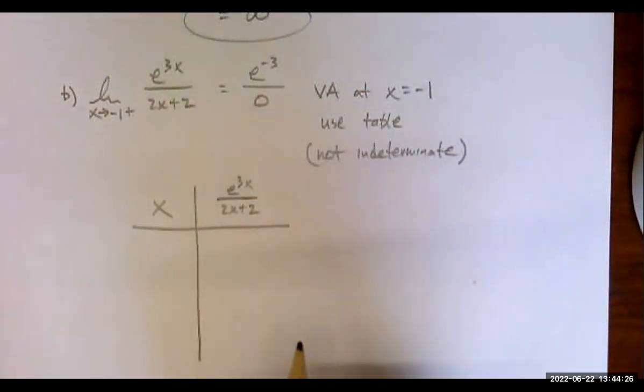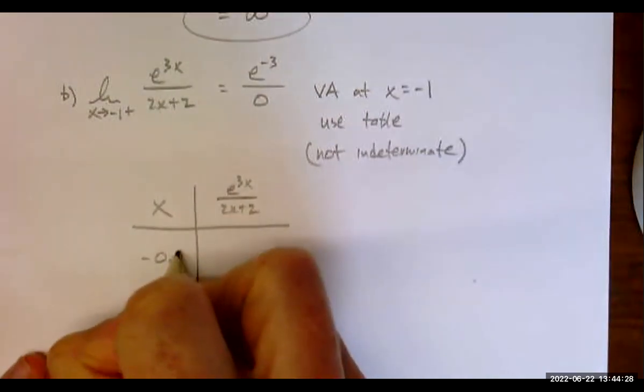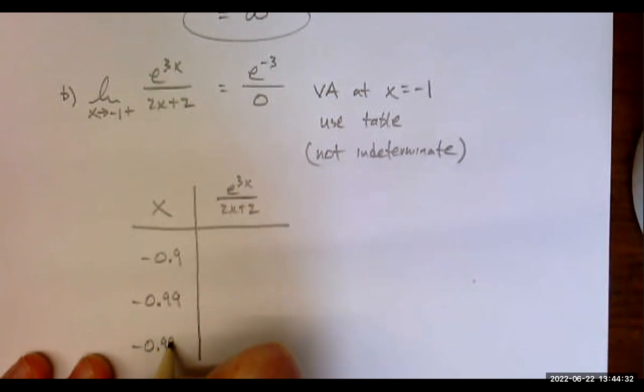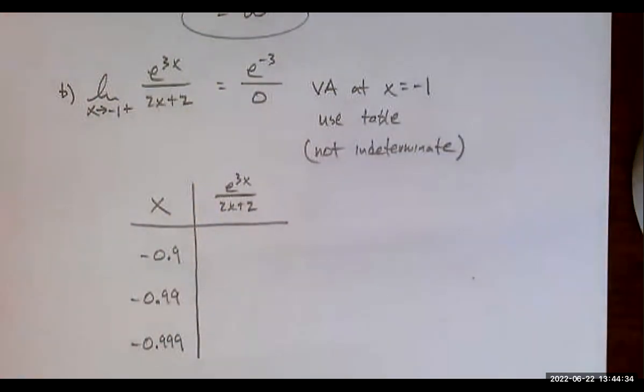Numbers a little bit bigger than -1, so maybe like -0.9, -0.99, -0.999. Grab my calculator. Let's see, e to the 3 times -0.9 divided by 2 times -0.9 plus 2.